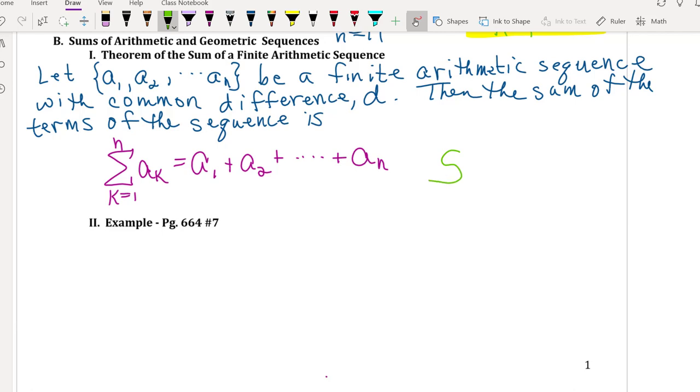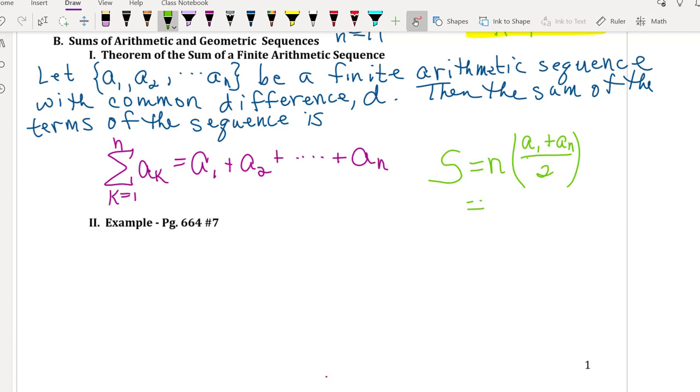So S equals n times a1 plus an over 2. So you take the first and last term and average them and multiply that by n, the number of terms you have. It can also be written in this form.